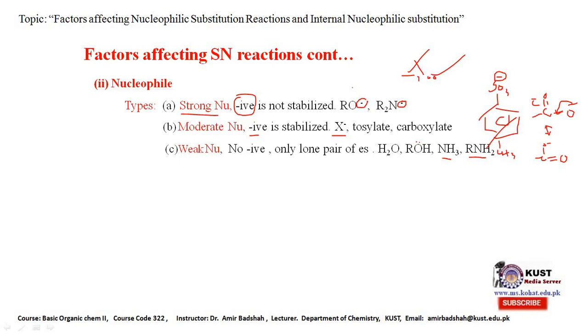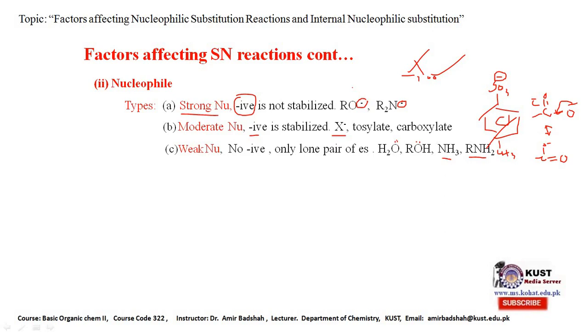Here the lone pairs are present, so there is plenty of electron density, but not as high as with a negative charge, so they can also act as nucleophiles in search of an electrophilic center, but only as weak nucleophiles. So this is all about nucleophiles and their nature.